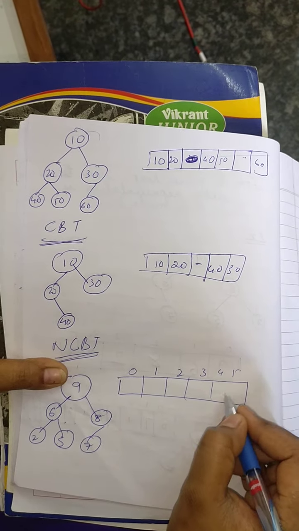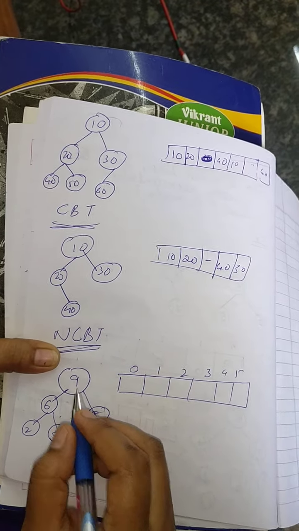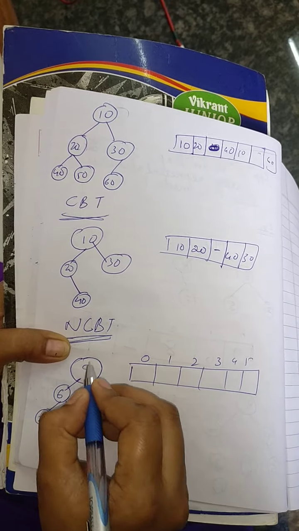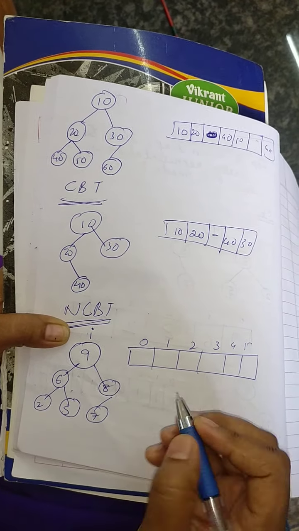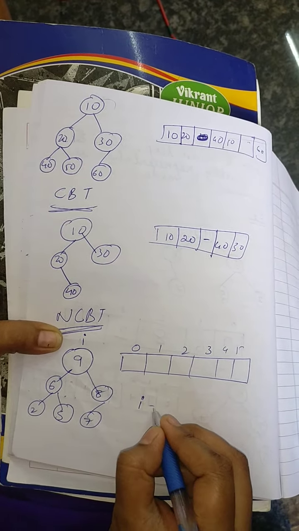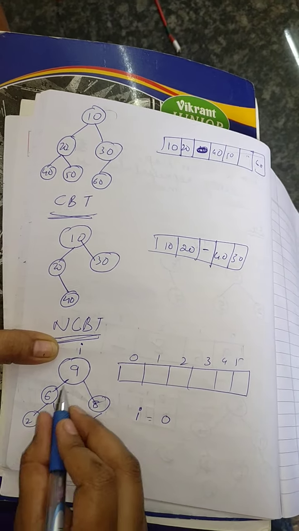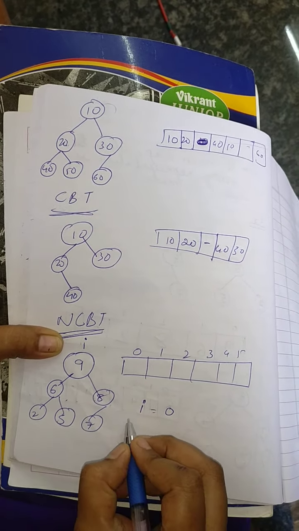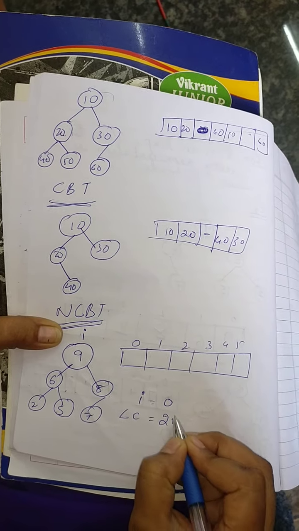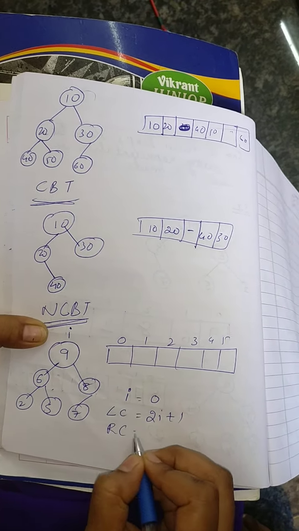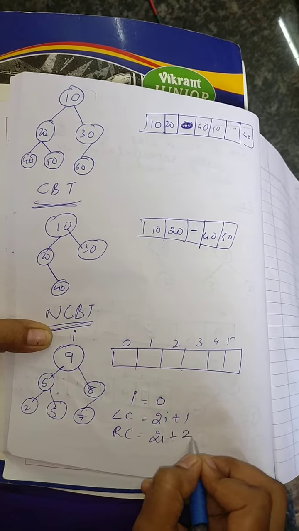Now you have to find it with a formula. I told you, always the first position, that is the parent, is represented as i, that starts from 0. Next, the left child has a formula. What is that? 2i plus 1. Right child, 2i plus 2.